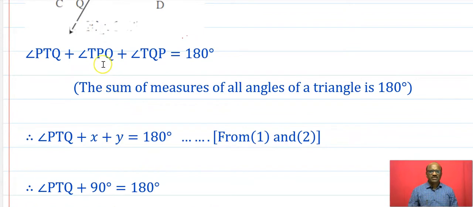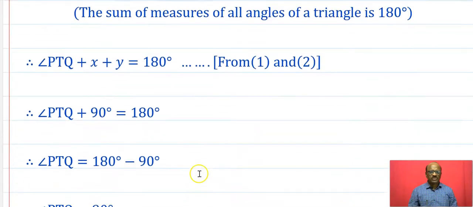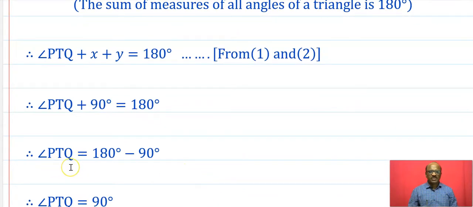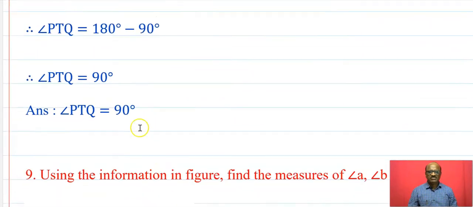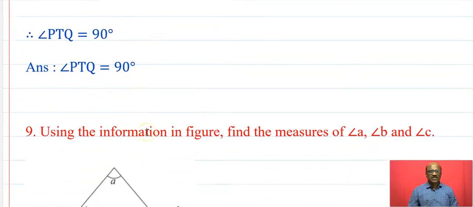Substitute the values of x and y. Therefore, the measure of angle PTQ plus x plus y, which is 90 degrees, is equal to 180. Therefore, the measure of angle PTQ is equal to 180 minus 90, which is 90. And hence, the measure of angle PTQ is equal to 90 degrees.